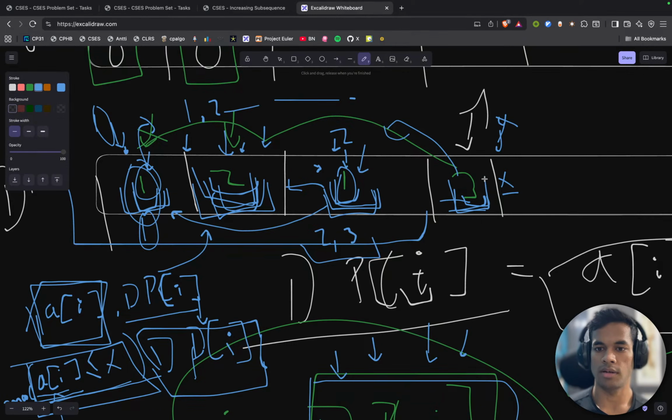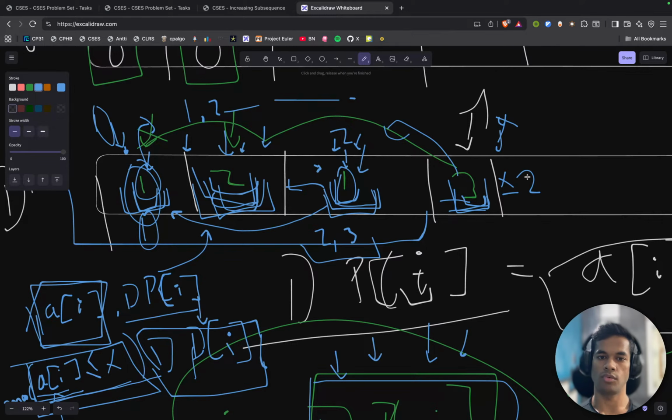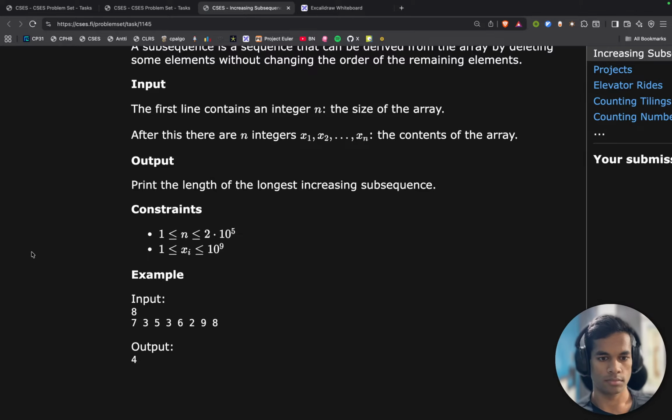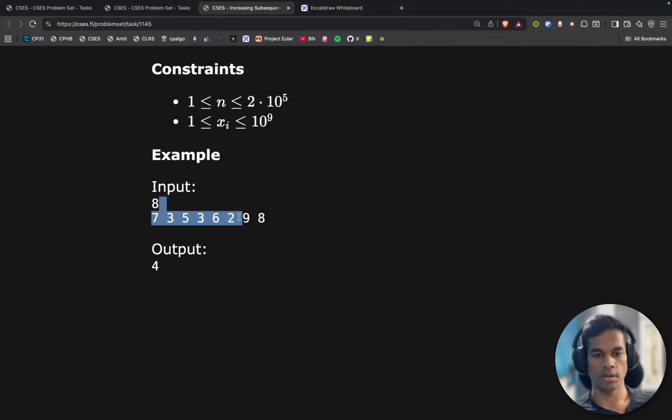When I'm at 3, and then let's say I see 2. Let's take this example. Here the answer is 4.